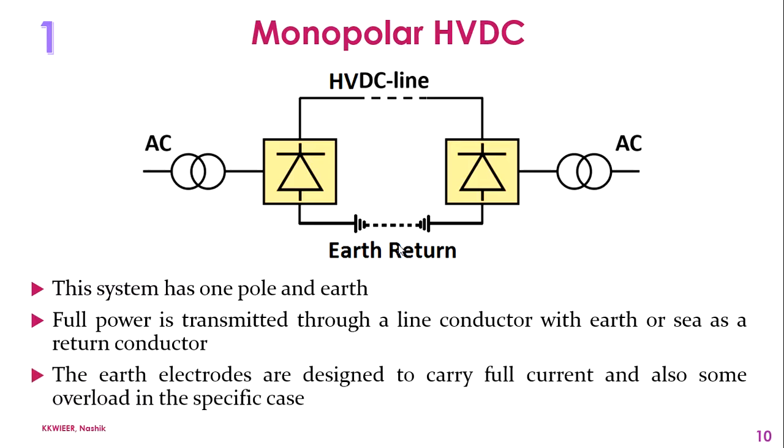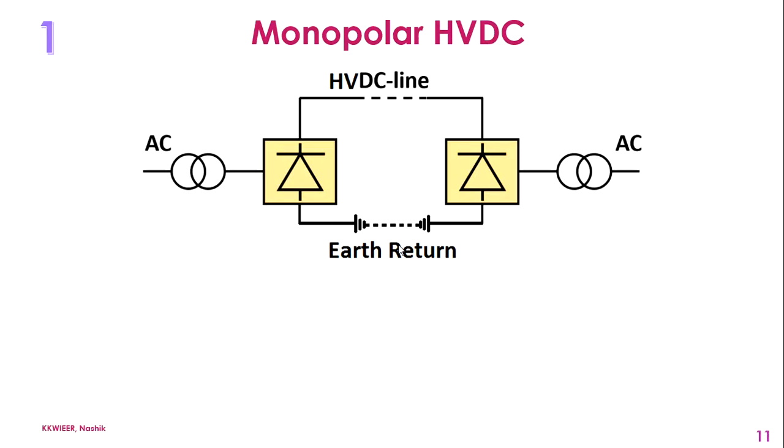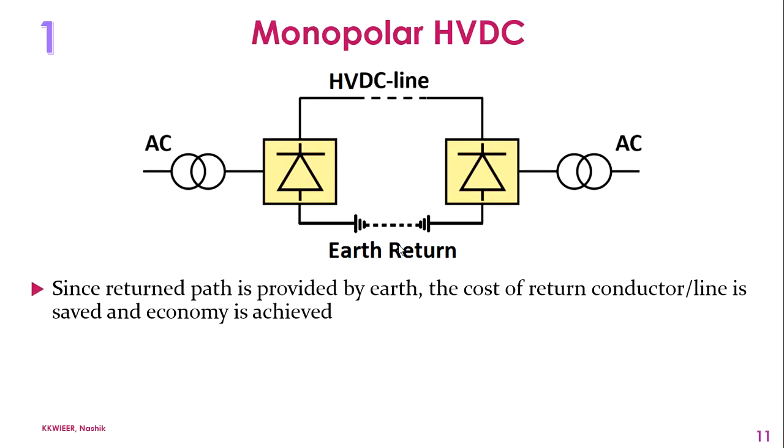The earth electrodes are designed to carry full current and also some overload in specific cases. Since the return path is provided by earth, the cost of the return conductor or line is saved and economy is achieved. So, due to this earth return, this monopolar HVDC is comparatively cheaper.